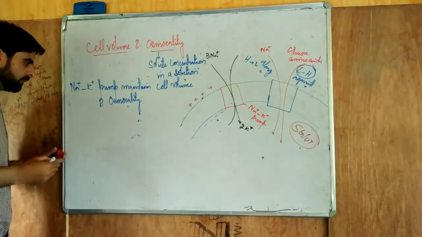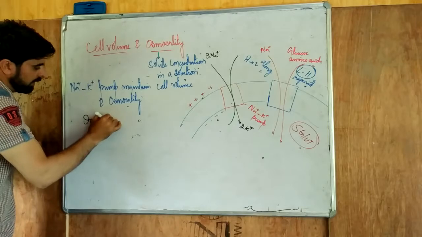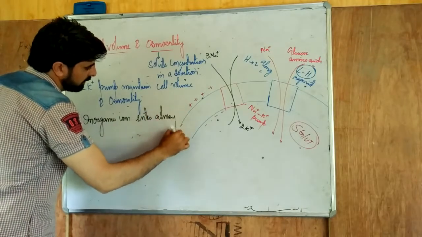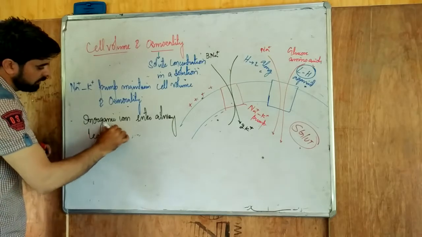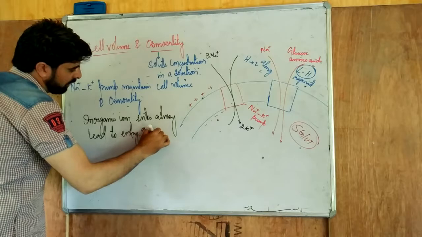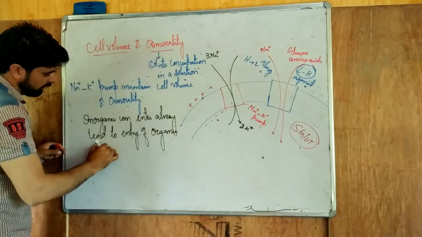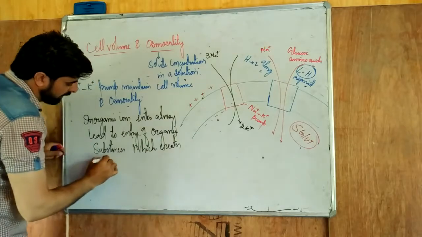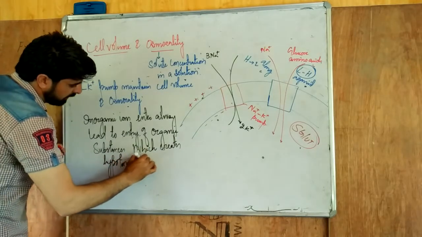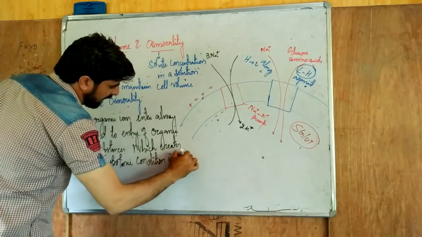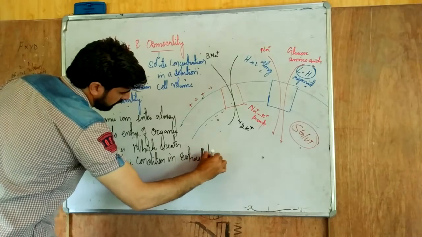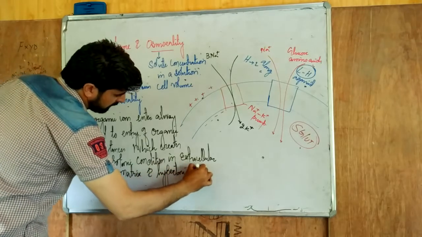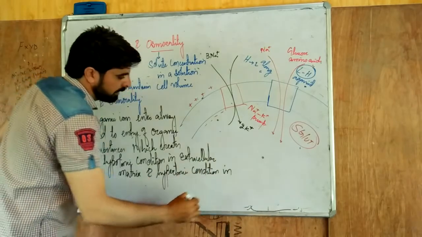So we can simply say, whenever we have to define, we can say inorganic ions always enter, leading to the entry of organic substances, which creates hypotonic condition in the extracellular matrix and hypertonic condition in the intracellular matrix.